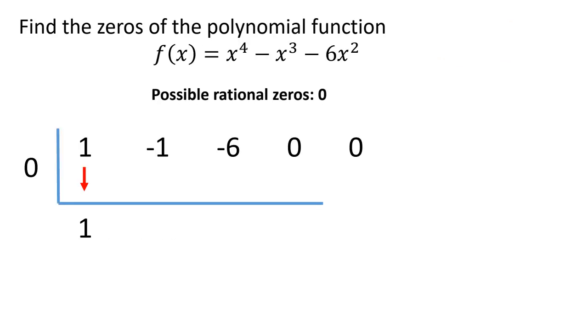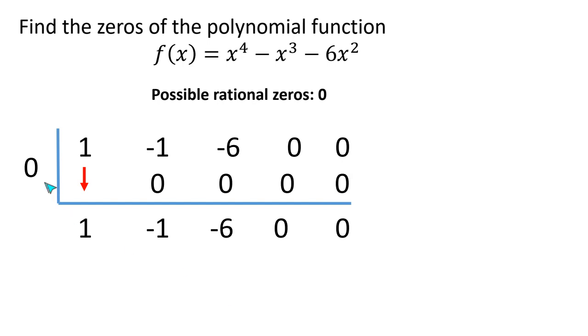So here's 0. So I'm going to have a 1 for my x to the 4th, a -1 for x cubed, a -6 for x squared, 0 for x, and 0 for my constant. So I'm going to bring 1 down. 0 times 1 is 0, plus -1 is -1, times 0 is 0, plus -6 is -6, times 0 is 0, and then 0 plus 0 is 0, times 0 is 0.